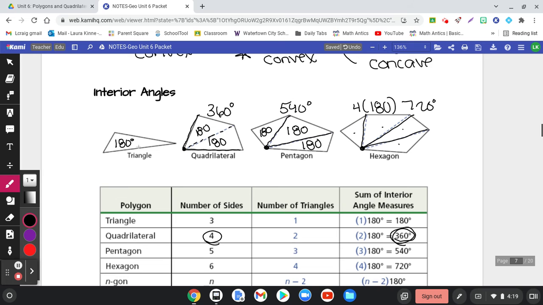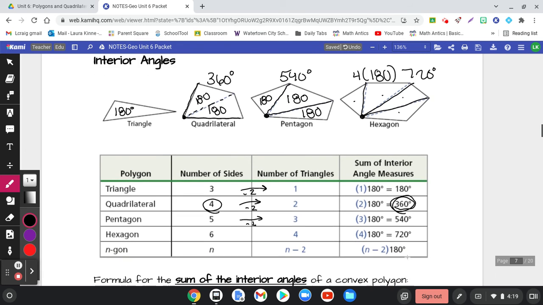Basically, if you notice, if you take the number of sides and subtract 2, it will tell you how many triangles there are. So 3 minus 2 is 1 triangle, 180 degrees. 4 minus 2 is 2 triangles, 360 degrees. 5 minus 2 is 3 triangles, all right, 540 degrees.